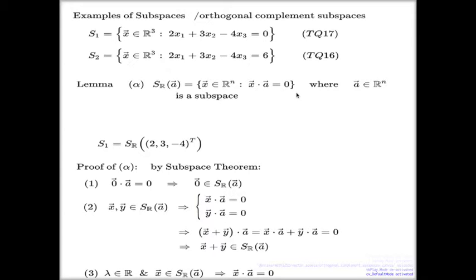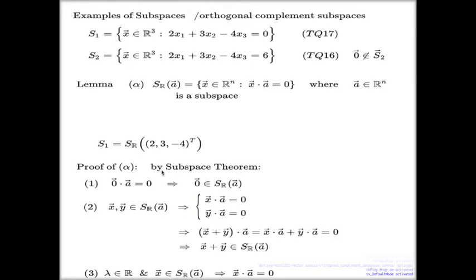But if you try to argue this directly, you will realize almost instantly that the zero vector doesn't belong to this S2. Because if you try the zero vector on the left-hand side here, you will end up with the number 0, which is not equal to the number 6. And that's the reason why this S2 fails the first criterion of the subspace theorem, and I can immediately claim that S2 is not a subspace.